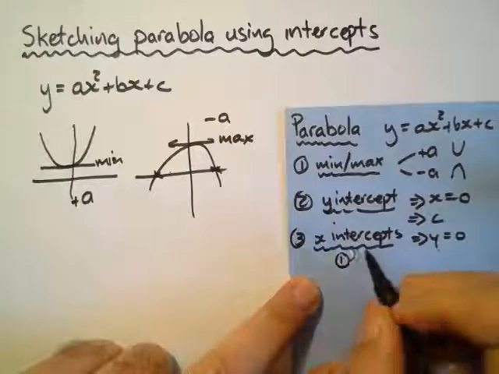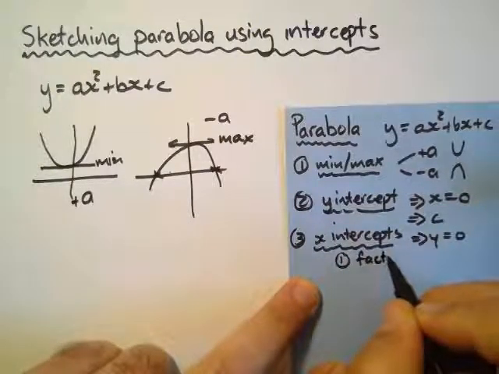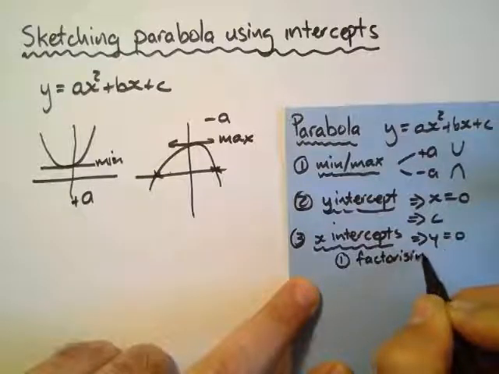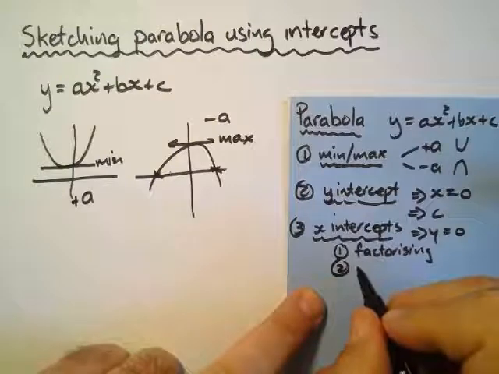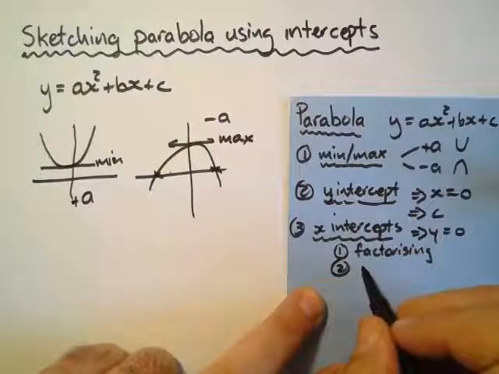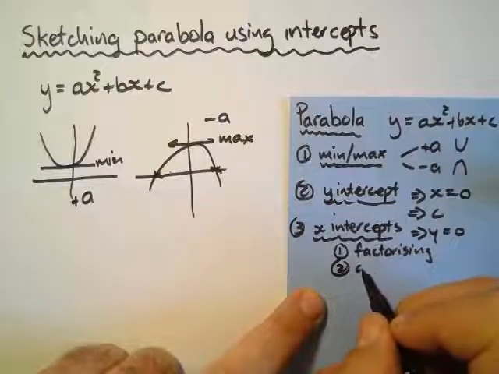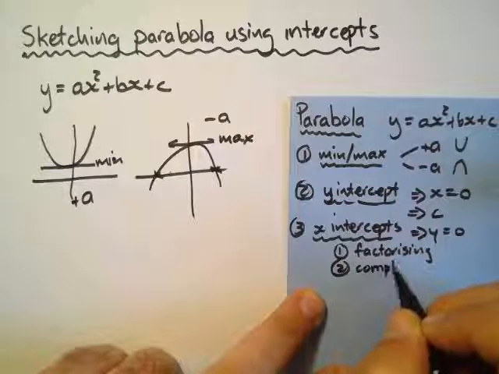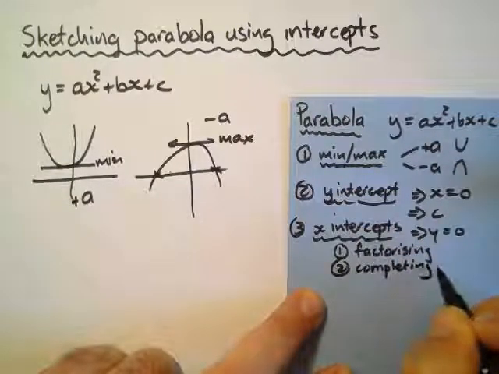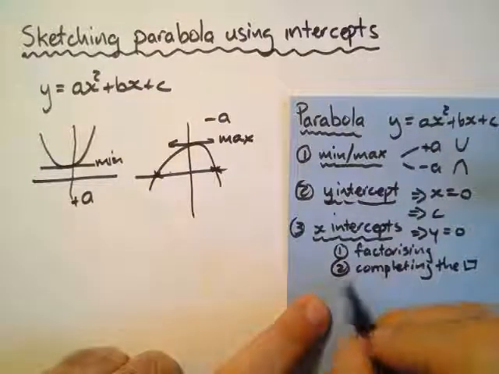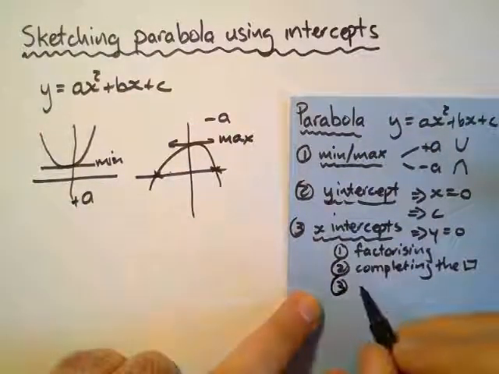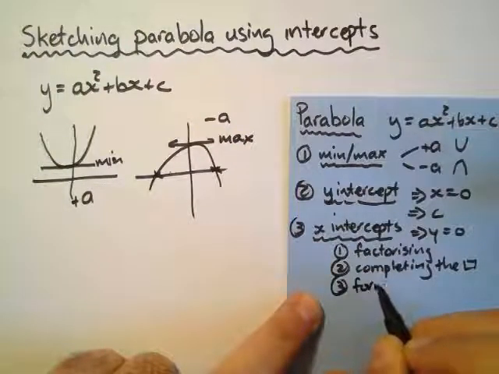The first is by factorizing. My second is by completing the square. And the third one is by formula.